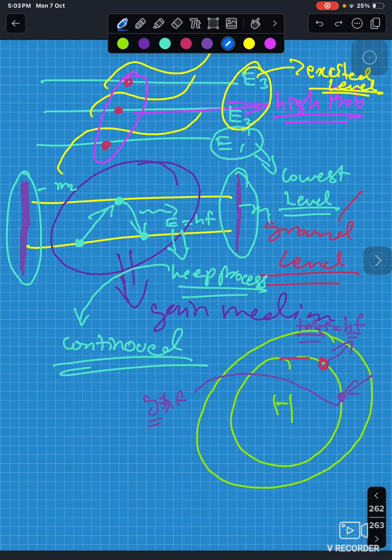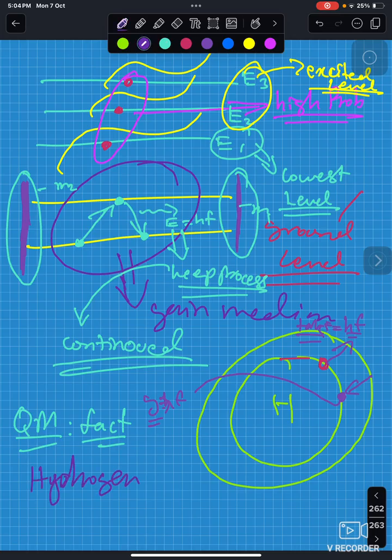One more thing in quantum mechanics: the most common atom is hydrogen. Most other fields as well take hydrogen as the important one and do experiments on it, as it only has one electron in its outermost shell, so it's easier to study.